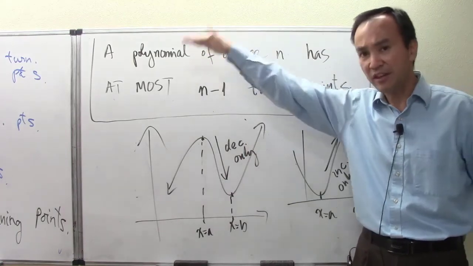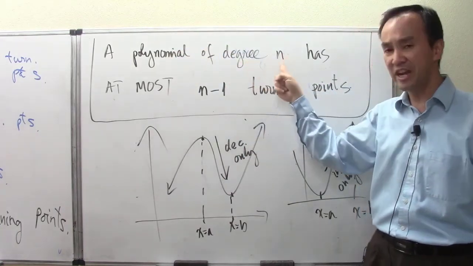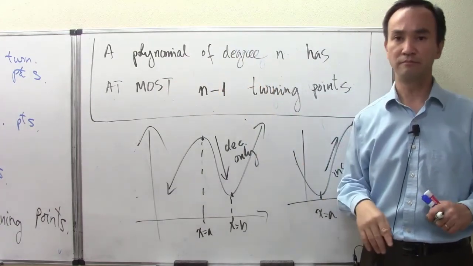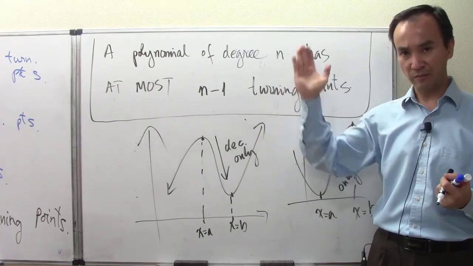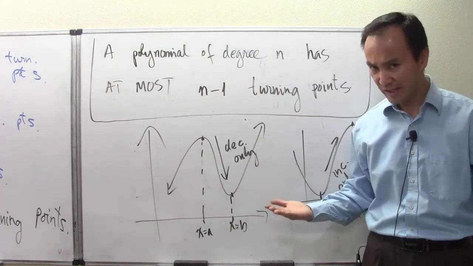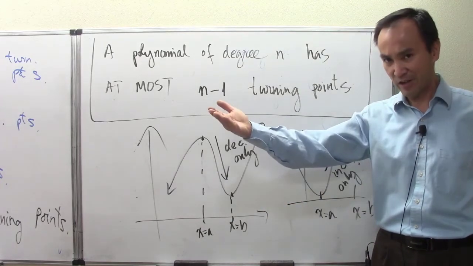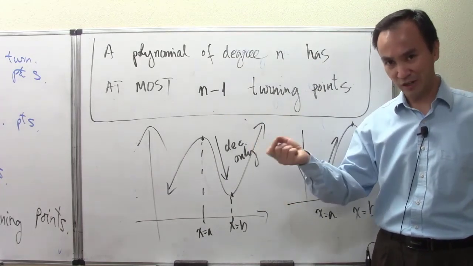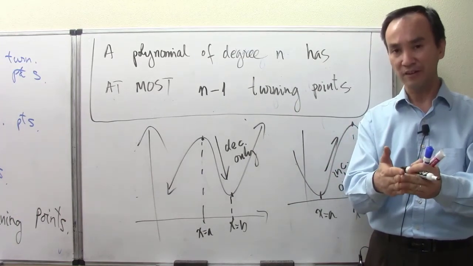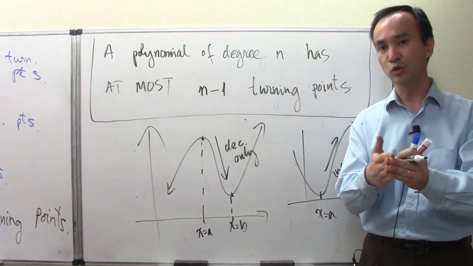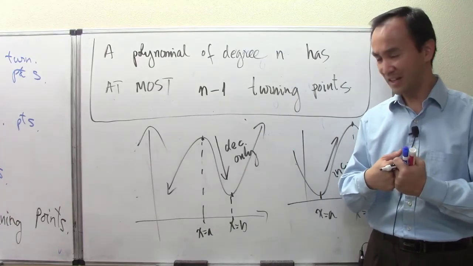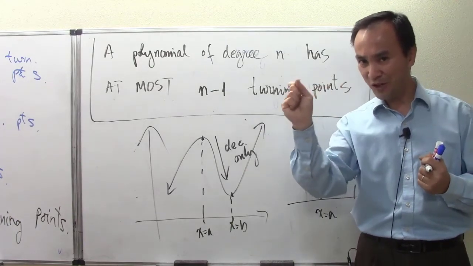Because right here, everything we know is that a polynomial of degree n has at most n minus 1 turning points, period. That's all we know. And everything else, if you want to see it, you have to use a graphing utility. But now I'm talking about even without a graphing utility, in your calculus course you will learn that solid technique to simply look at a given polynomial and be able to tell how many turning points there will be, and where those turning points will happen.